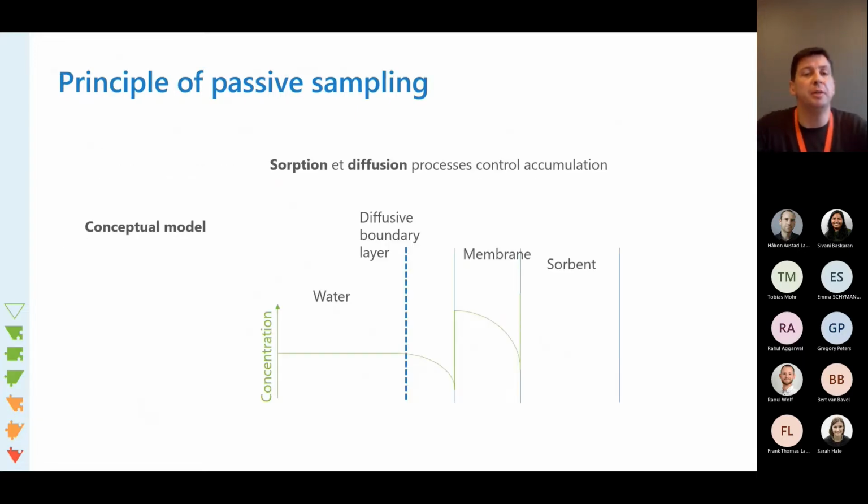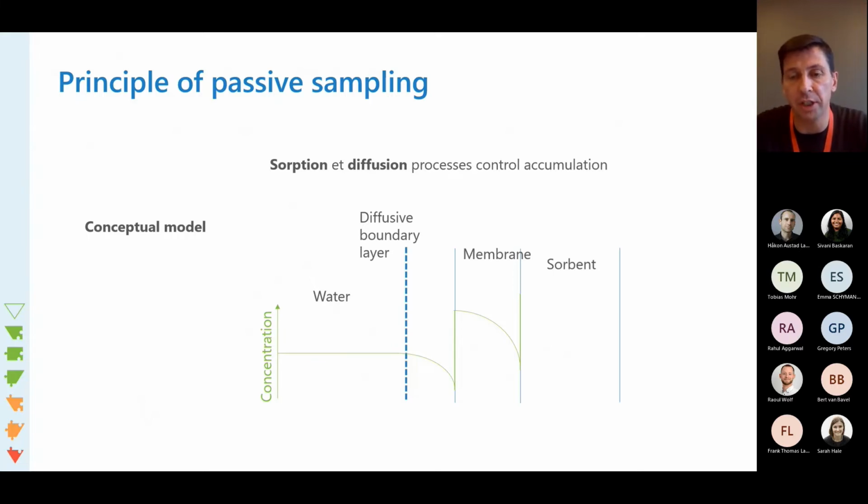So in terms of the principles, passive sampling is really based on the absorption and diffusion of chemicals from, in that case, water. In this conceptual model, the chemicals have to first diffuse across a diffusive boundary layer that forms at the surface of the sampler when deployed in water.